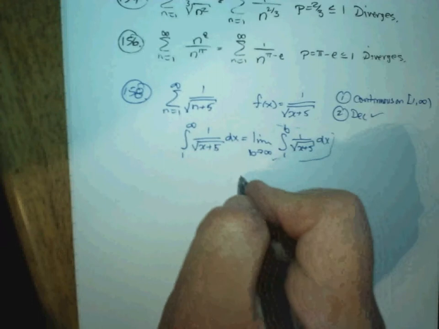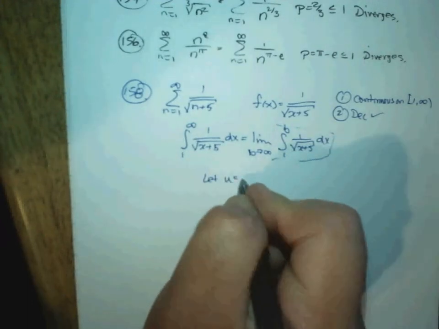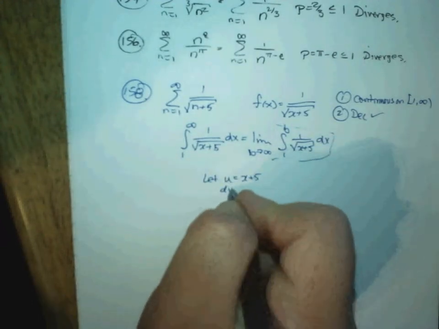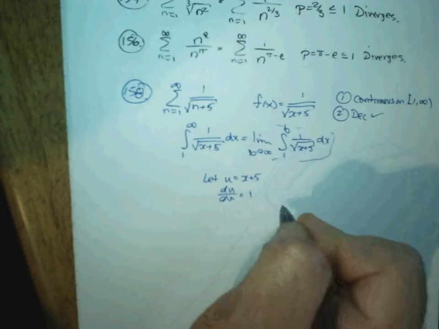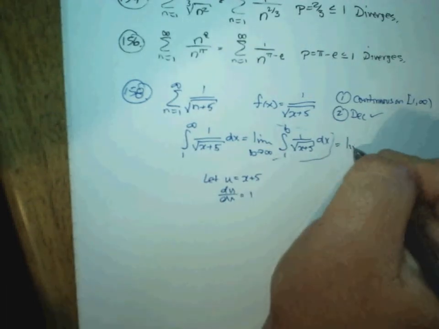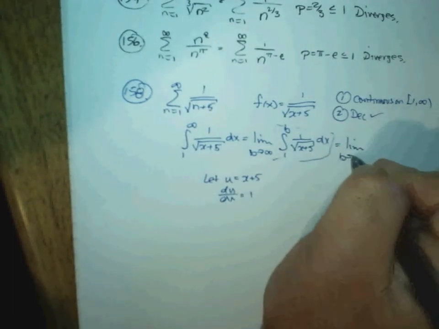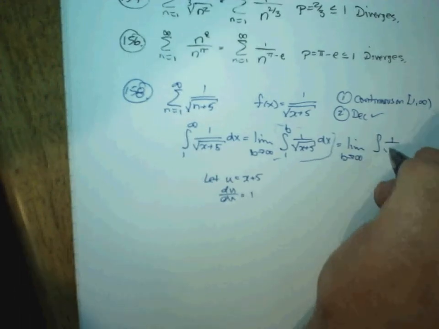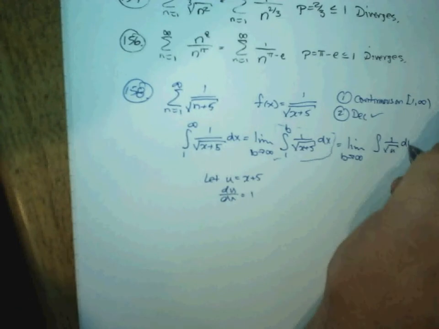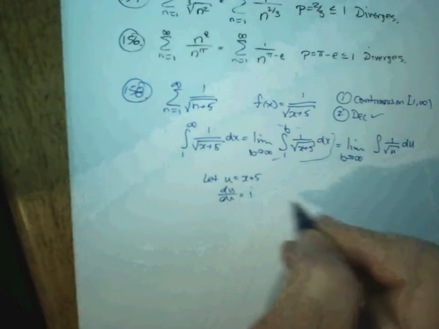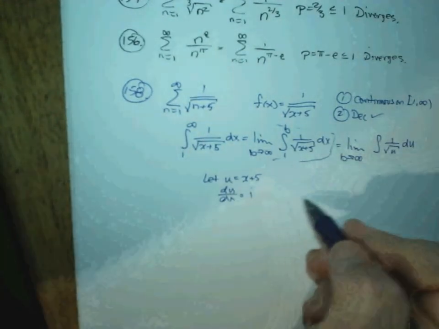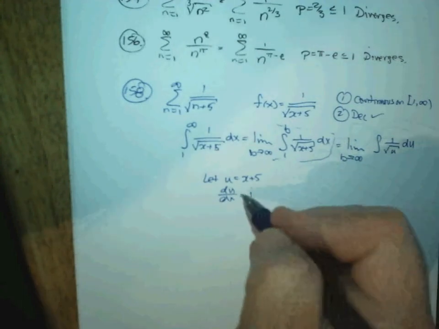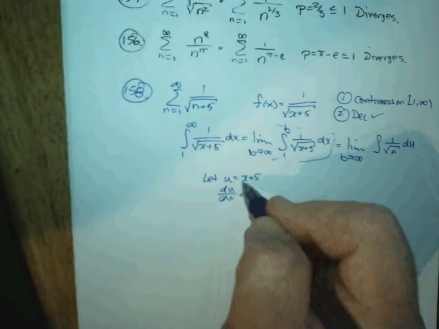And then to handle this proper integral here that I'm taking the limit of, I'm going to do a simple u substitution. du dx is going to be 1. So this becomes the limit as b goes to infinity of 1 over the square root of u du, because du and dx are the same thing.